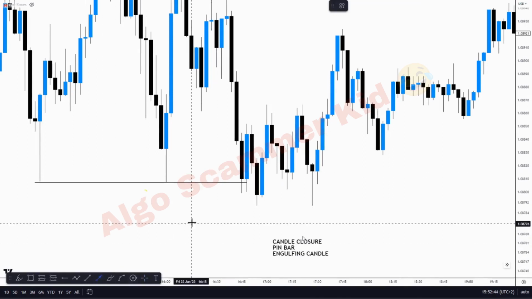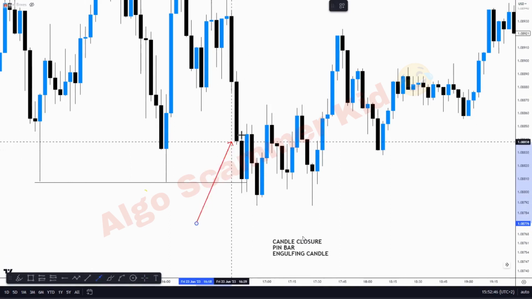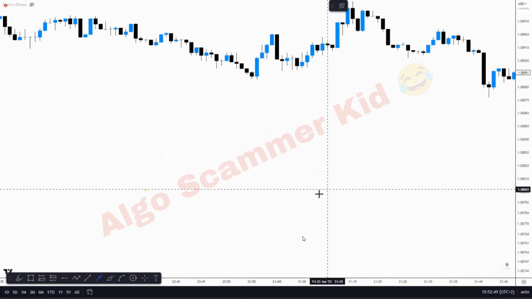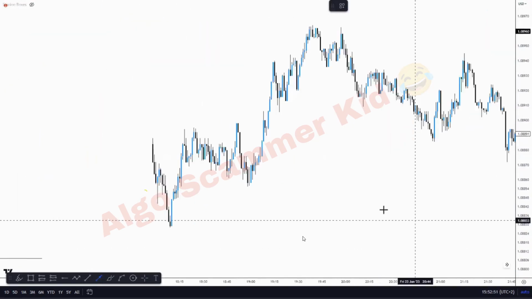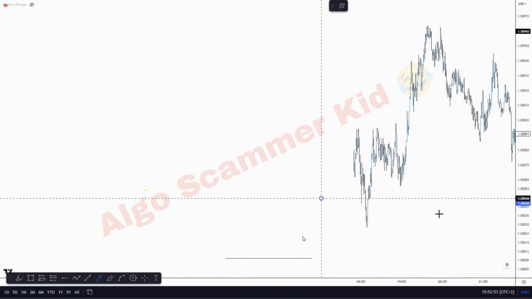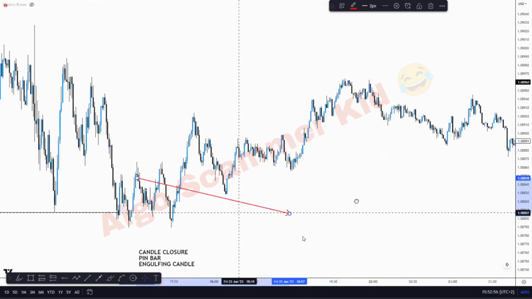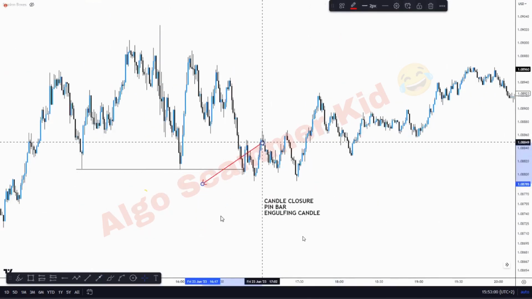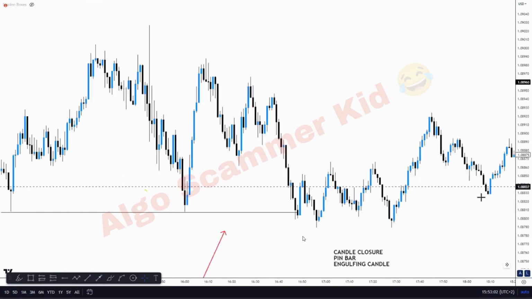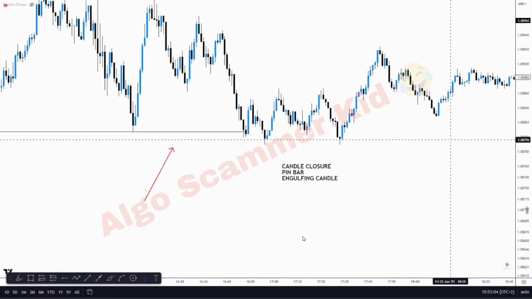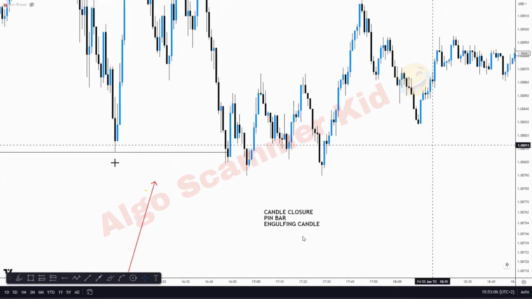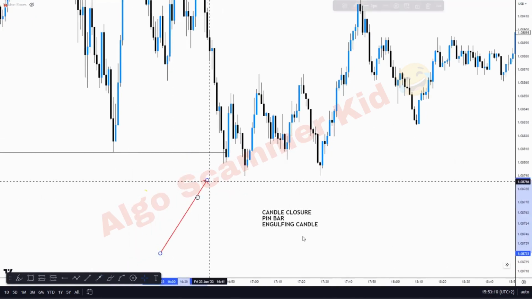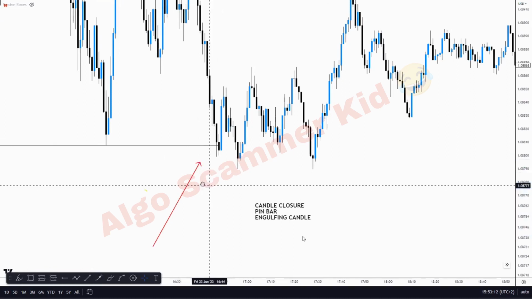So for this entry, how would we have entered? Let's go to the 1 minute. I'm trying to zoom in properly so I want everyone to get this.